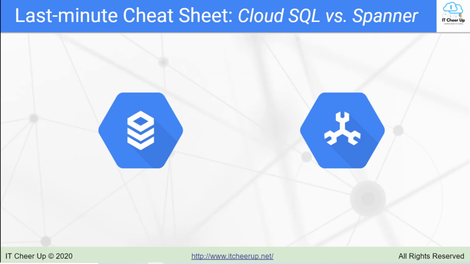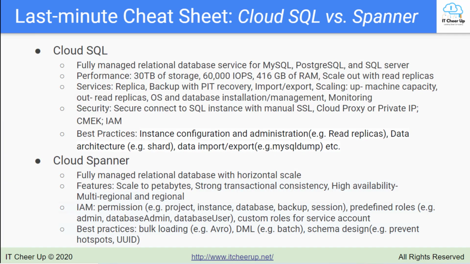This is the second part of the last-minute cheat sheet on Cloud SQL versus Spanner. We reviewed the last-minute cheat sheet of Google Cloud SQL last time. Now, let's go through the cheat sheet of Cloud Spanner. Cloud Spanner is a fully managed relational database, built for horizontal scale to petabytes.